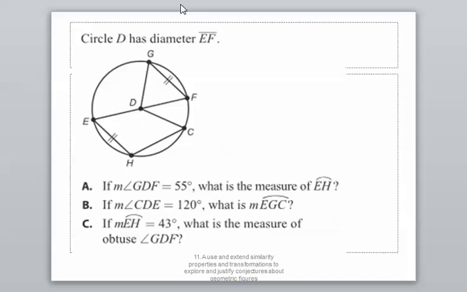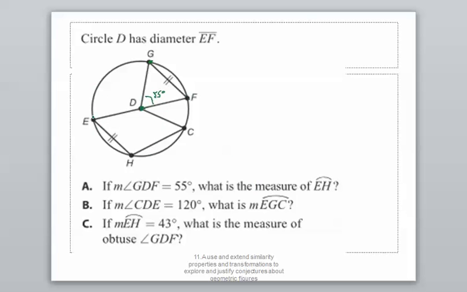So let's look at this one. It says circle D has a diameter of EF. So there's the center, and there's a diameter going across there, right? If GDF, let's see here, GDF, that's this angle right here, is 55 degrees. What is the measure of arc EH?